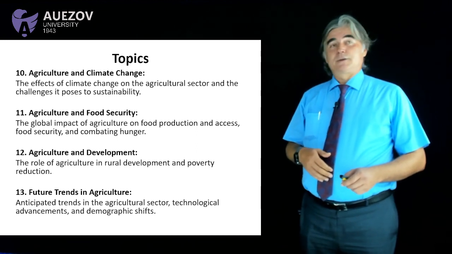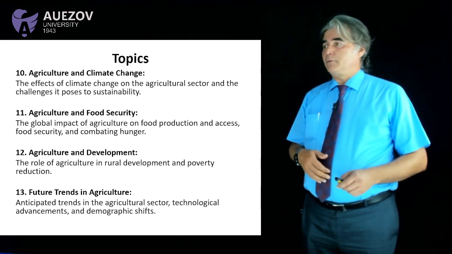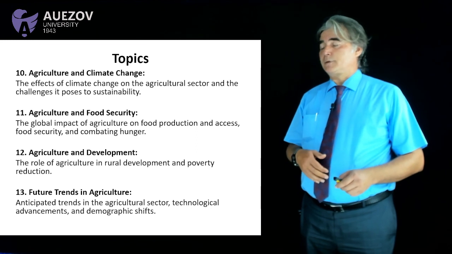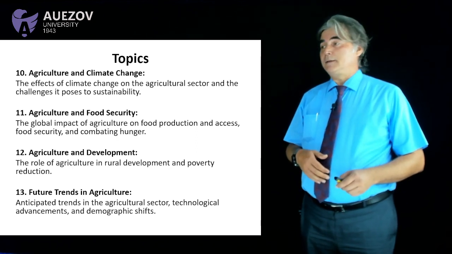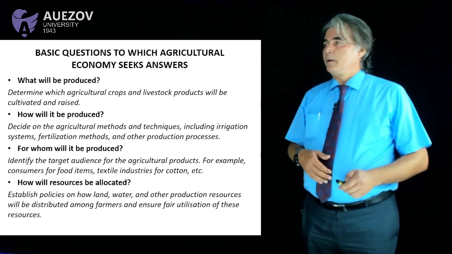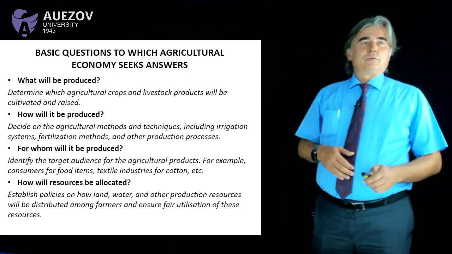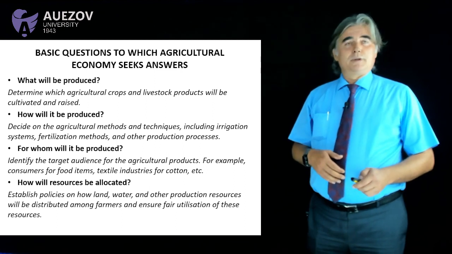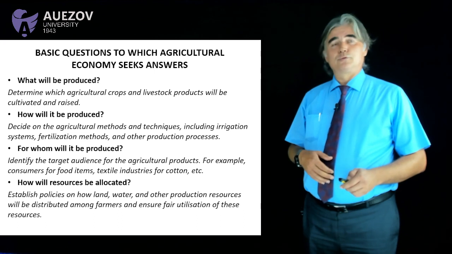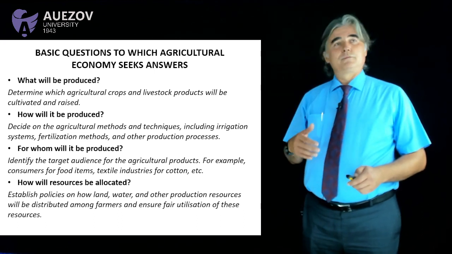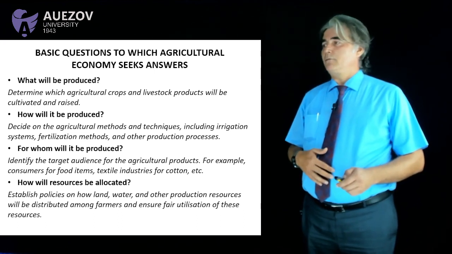And the role of agriculture in rural development and poverty reduction, and future trends, anticipating trends in the agriculture sector, technology advancement and demographic shifts, are also our topics. And we try to answer these questions: what will be produced, how will it be produced, and for whom will it be produced, and how will resources be allocated.